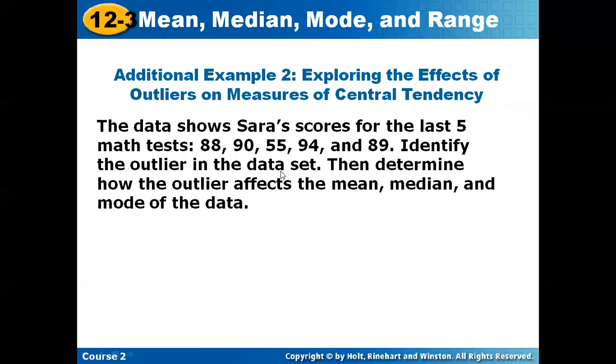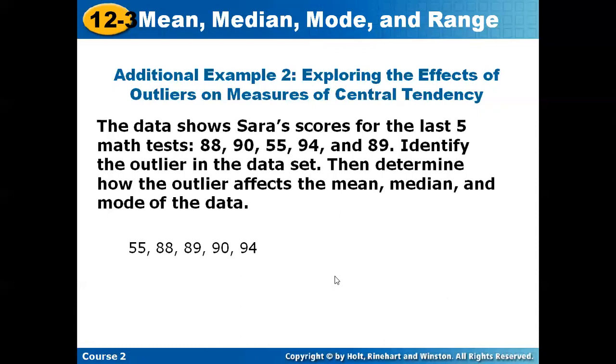Let's have this additional example. The data shows Sarah's scores for the last 5 math tests: 88, 90, 55, 94, and 89. Identify the outlier in the data set, then determine how the outlier affects the mean, median, and mode of the data.